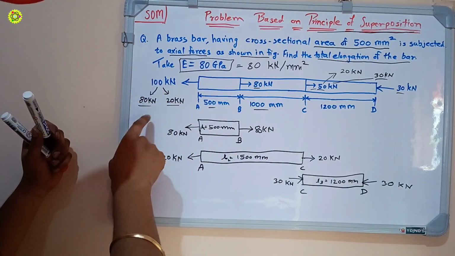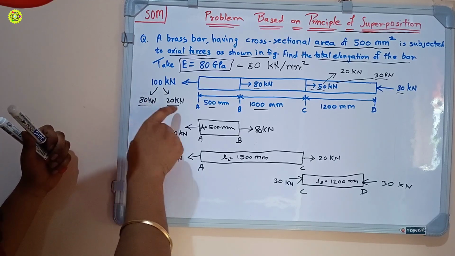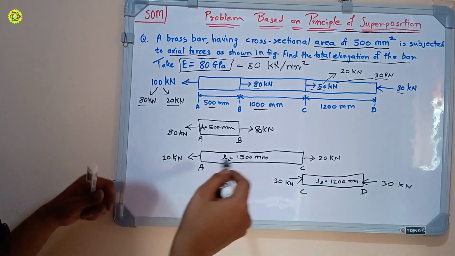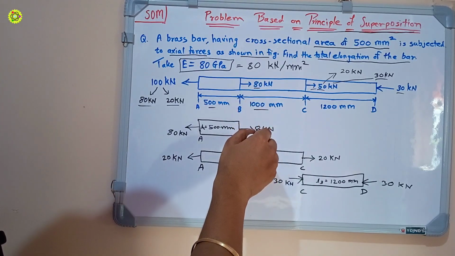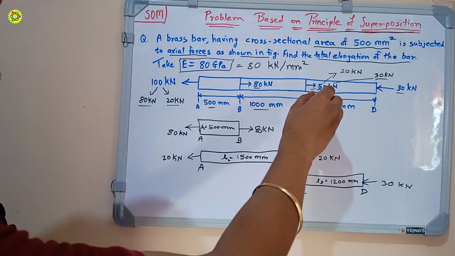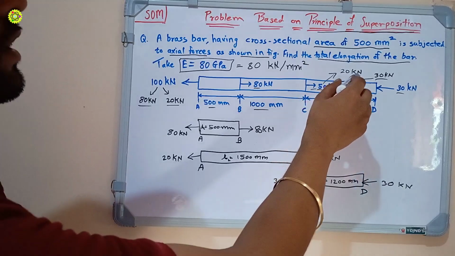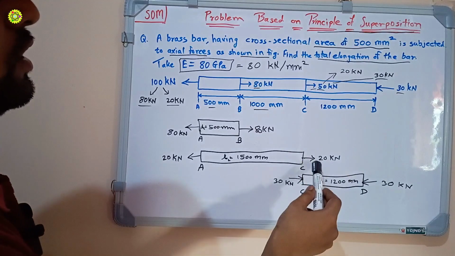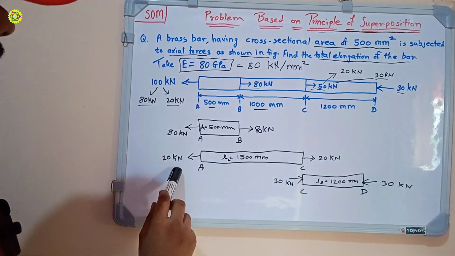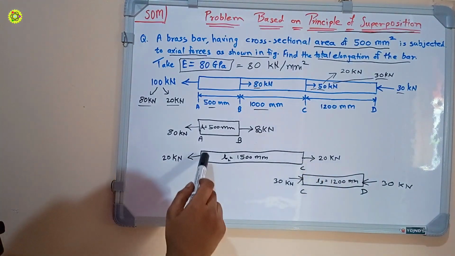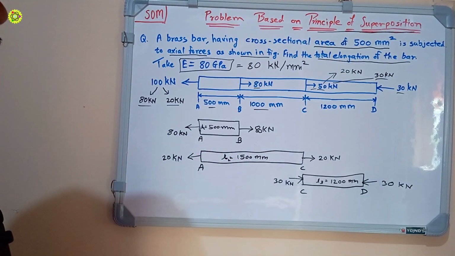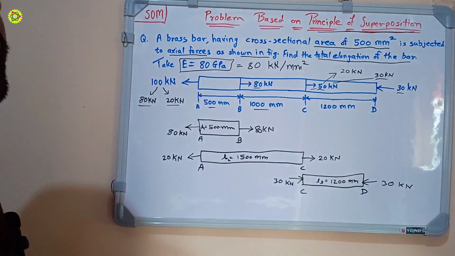This 100 we divided into 80 plus 20, and the 80 again we simplified into 20 plus 20 and 30. Both the tension forces are equal, and both the compression forces are equal. As per that, we need to simplify this diagram.